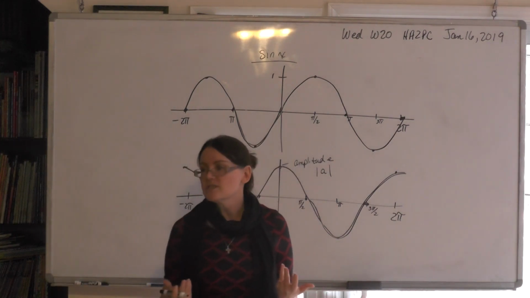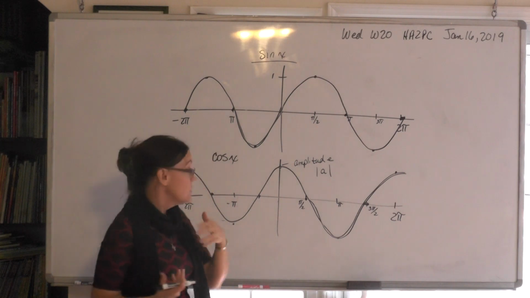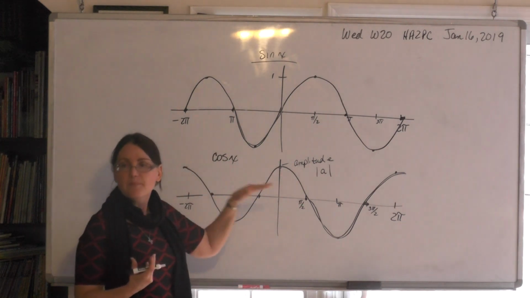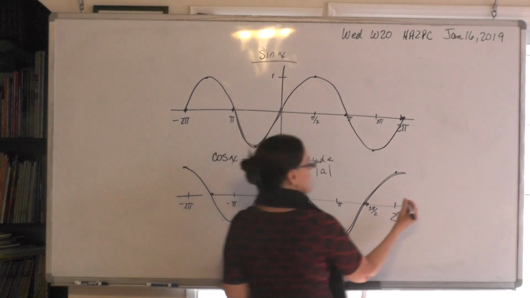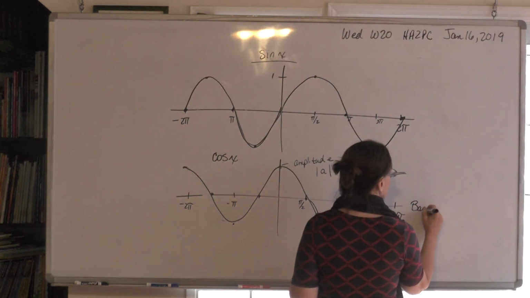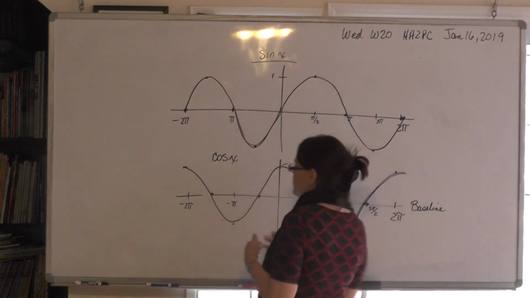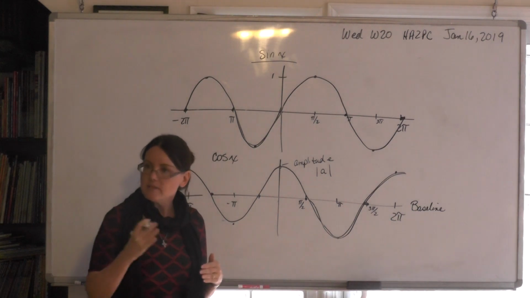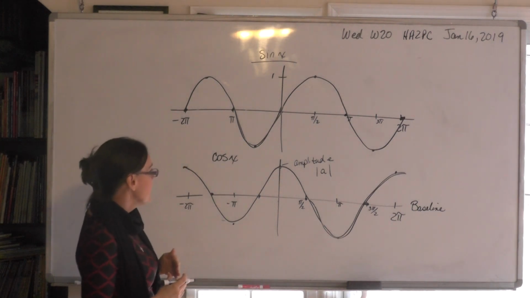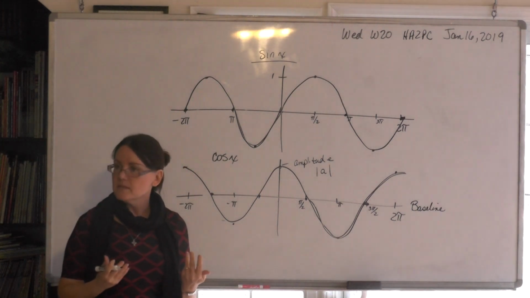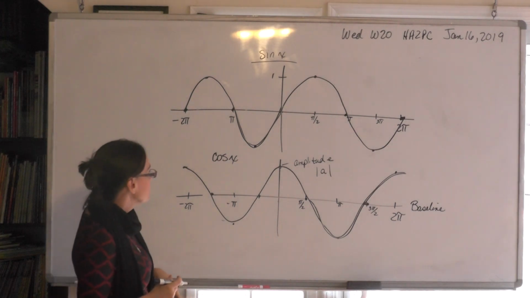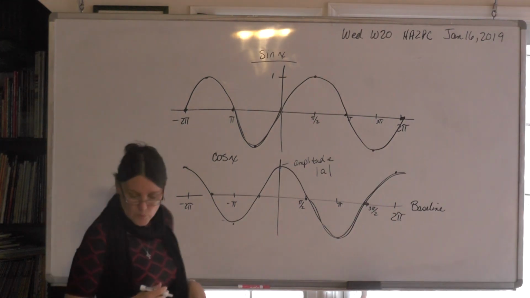The same terminology is going to carry over. When we're talking about amplitude, we're talking about height from the baseline. This is our baseline, because this is what the wave is rotating about. So the x-axis in this case is going to be the baseline.